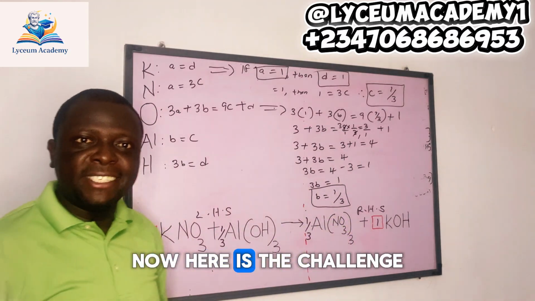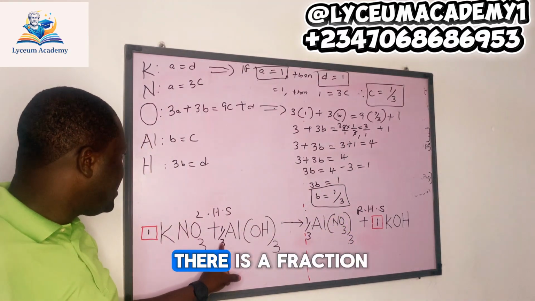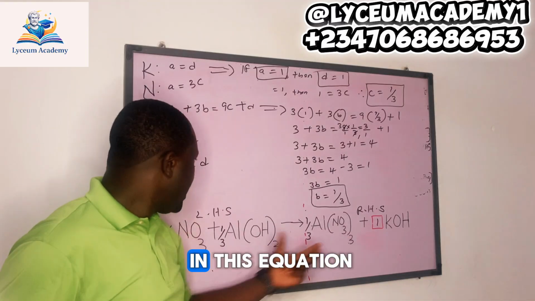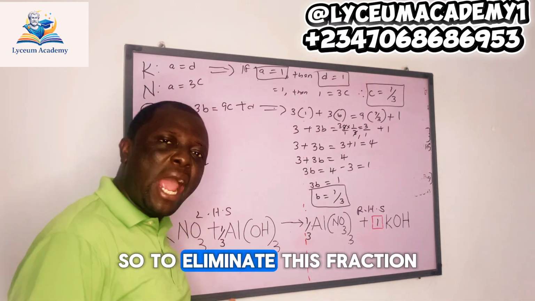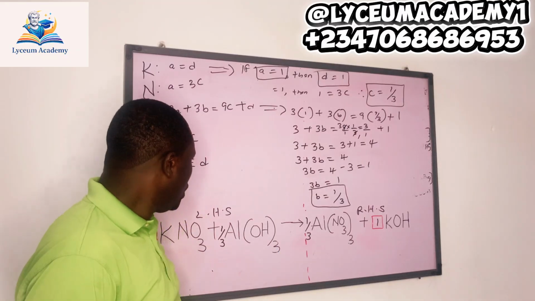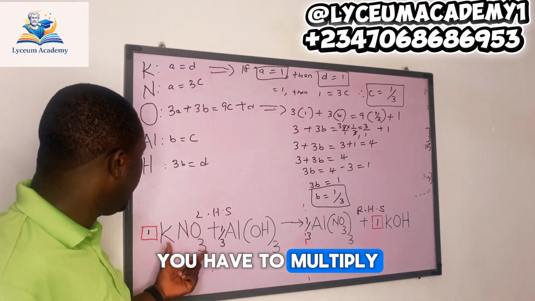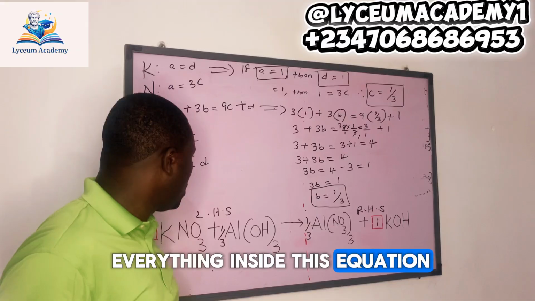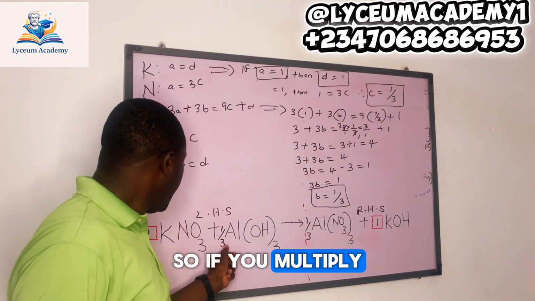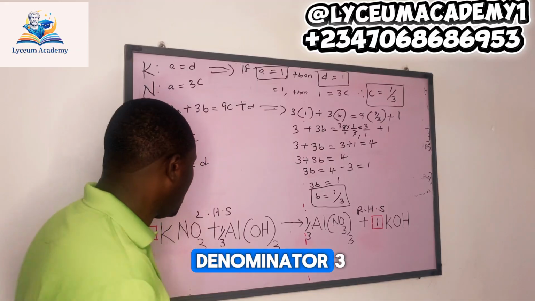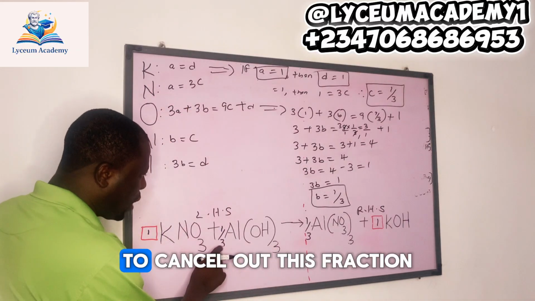Now, here is the challenge. As you can see, there is a fraction in this equation after we have balanced it up. So to eliminate this fraction, you have to multiply everything inside this equation by the denominator 3, because that is the only way to cancel out this fraction.